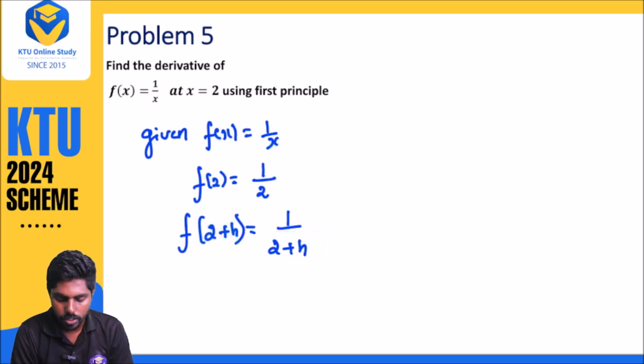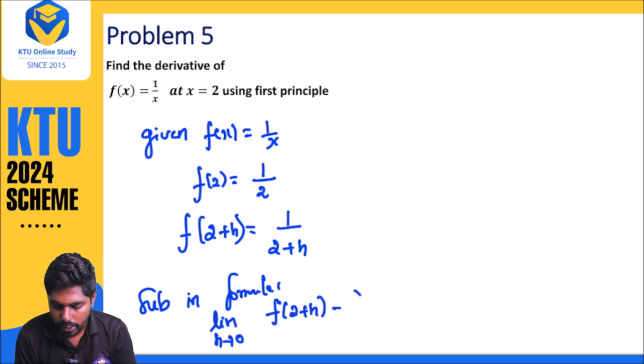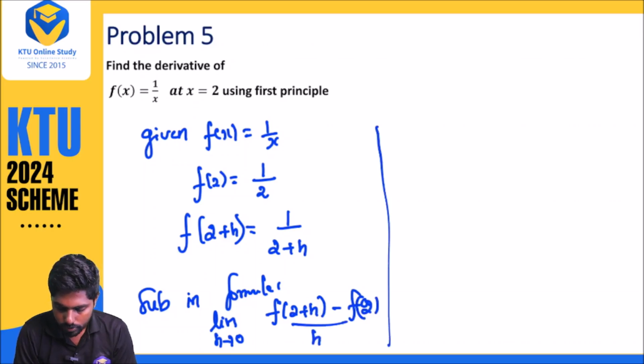So now use the substituting formula. So when substituting, what will you get? Limit h approaches 0, f of 2 plus h minus f of 2 divided by h. When you substitute, what will happen?